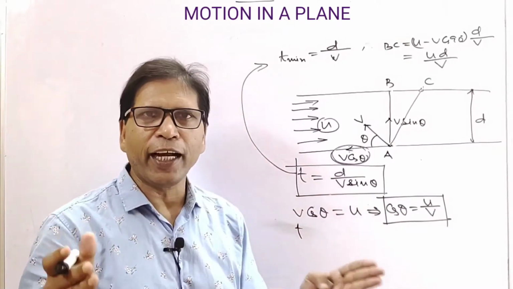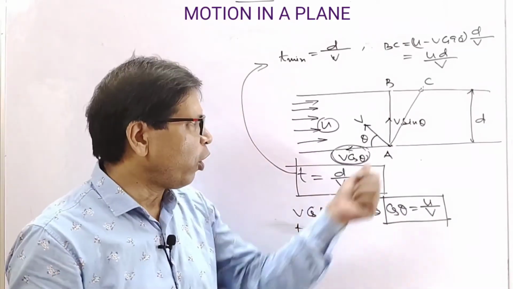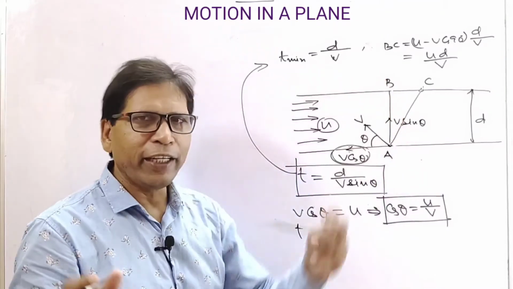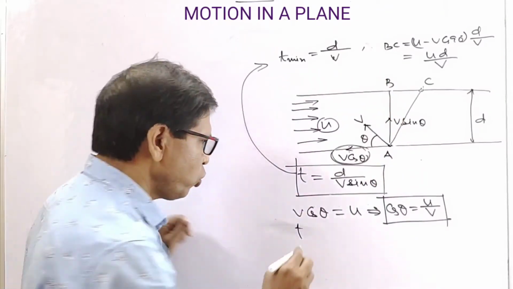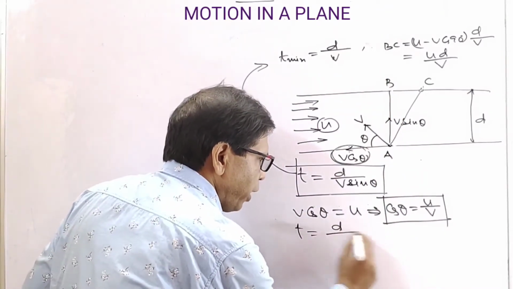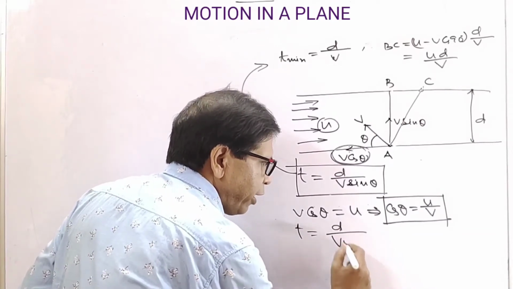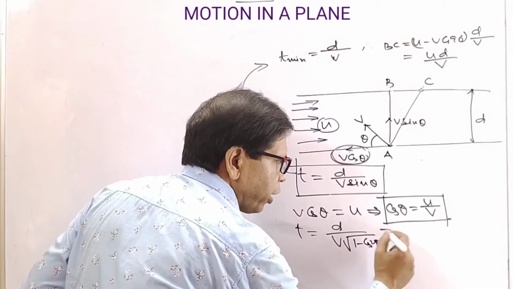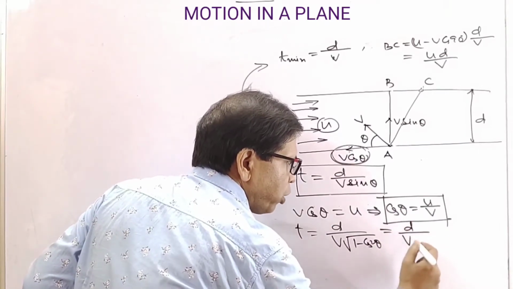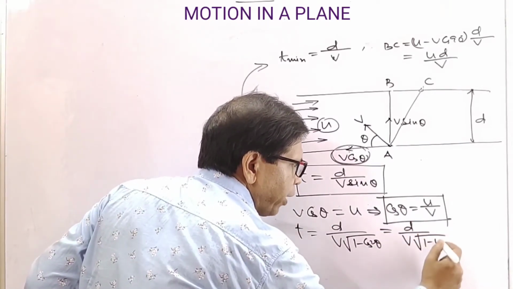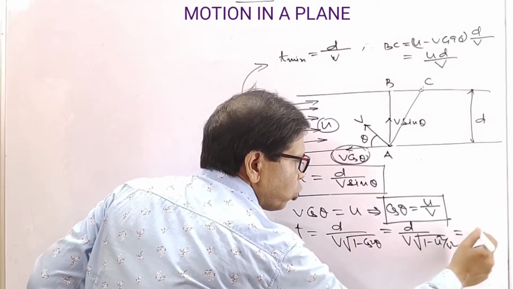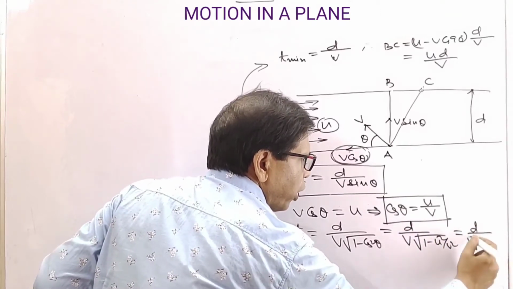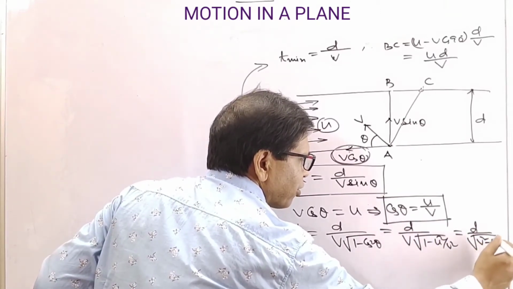Now the time to reach the directly opposite point, or cross the river in the shortest distance, is t equals d by v sin theta. Now sin theta means root under 1 minus cos square theta. So d by v into root under 1 minus u square by v square, which is d by root under of v square minus u square.